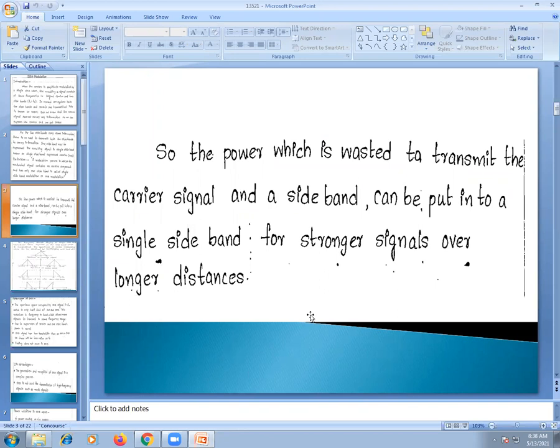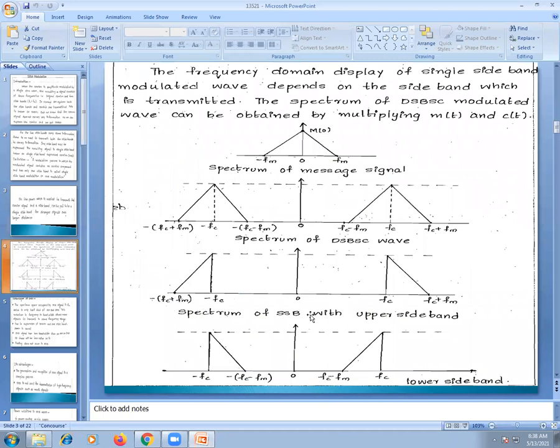Among the 20%, one sideband is eliminated and now the single sideband remains. So the single sideband has less power, that's why more power is saved, and the strength of the signal is also more. That is an important concept in SSB generation. Now let us see the waveforms of SSB generation.